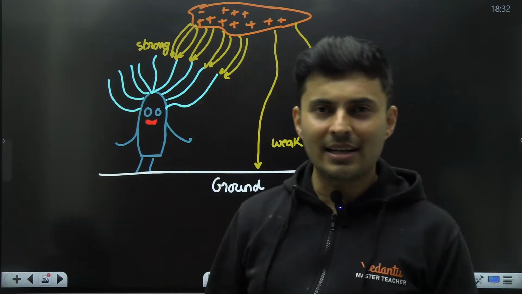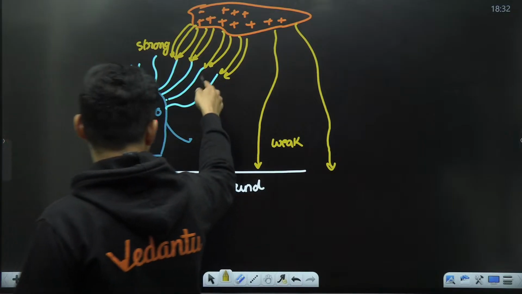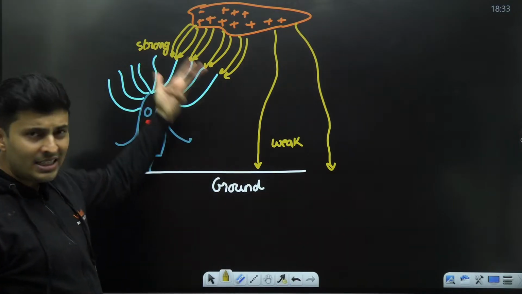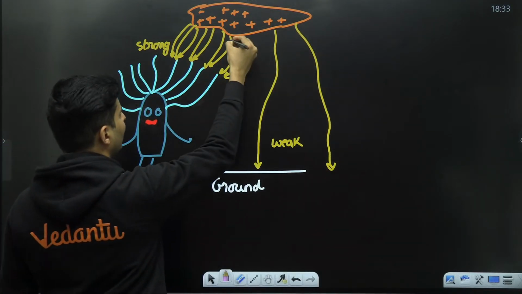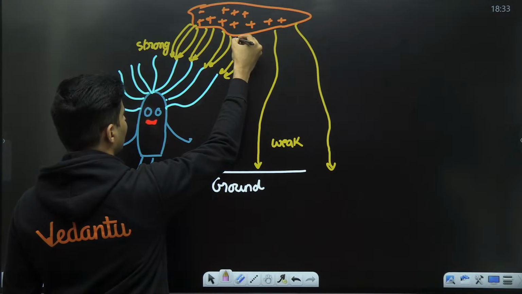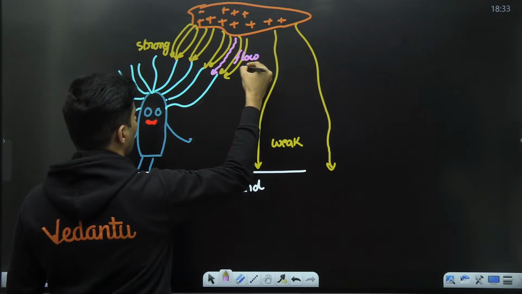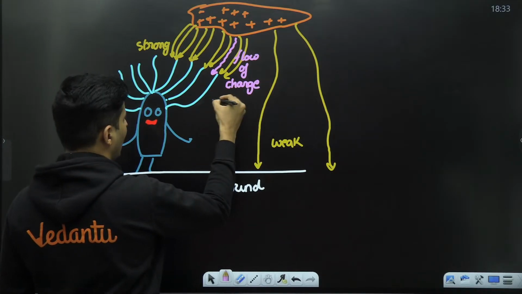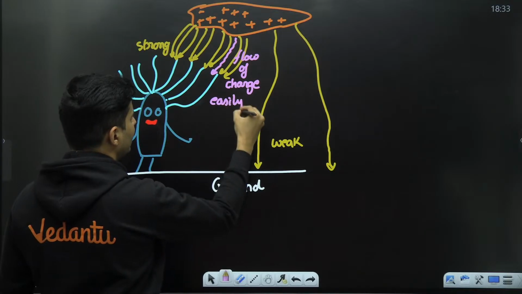Yes, the human body is a conductor. So the fields start accumulating on the edges, and when the fields become strong, then the electron discharge can happen very, very easily. The flow of charge can happen very fast.